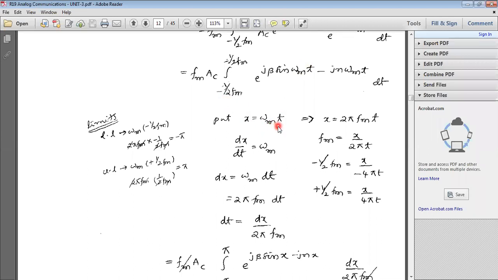Since x equals omega mt, for the lower limit it becomes omega m into minus half fm, so therefore it becomes minus pi.